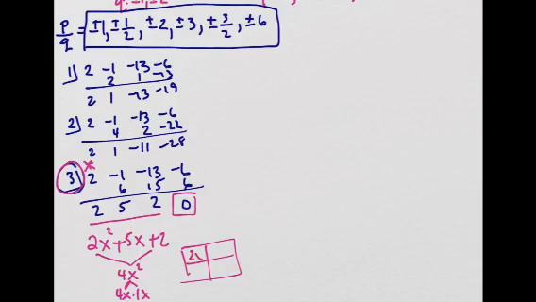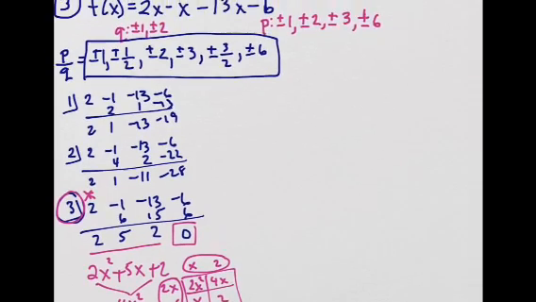So 2x squared, 4x, x, and 2. Factor out a 2x. Then 2x times x gives you 2x squared. 2x times 2 gives you 4x. And x times 1 gives you x. And 1 times 2 equals 2. So this is the other pair of factors for 2x squared plus 5x plus 2.